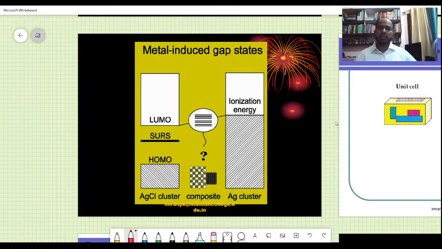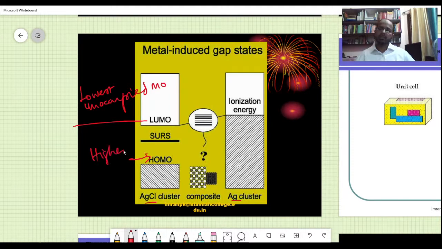So here is the silver chloride crystal that we have seen previously, and here is the silver chloride and silver cluster alone. Now this one is the lowest unoccupied molecular orbital, and this one is the highest occupied molecular orbital.